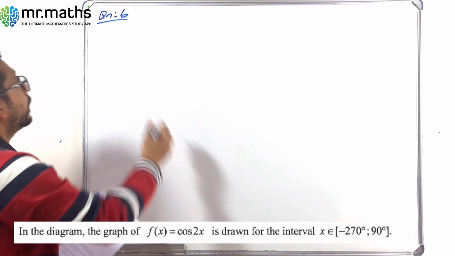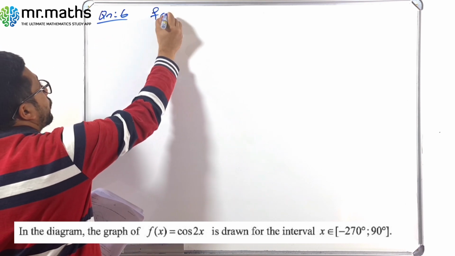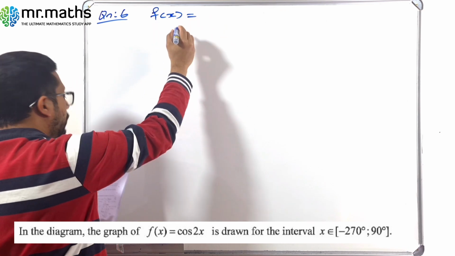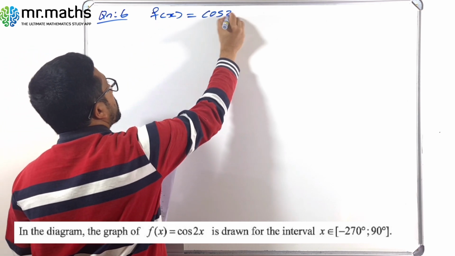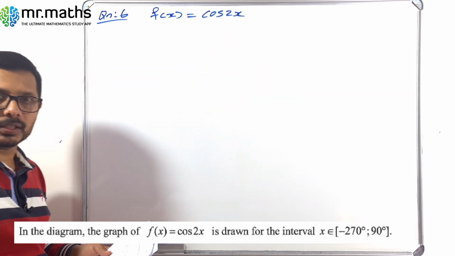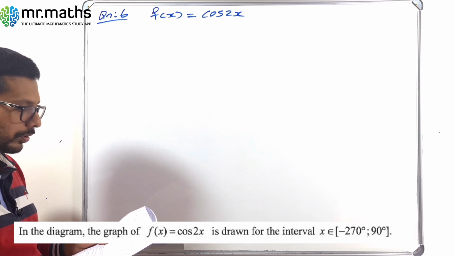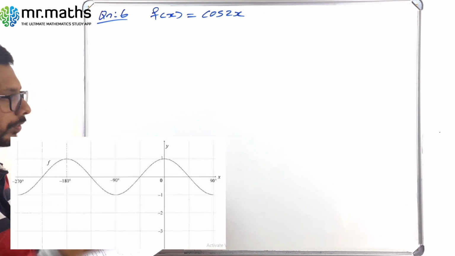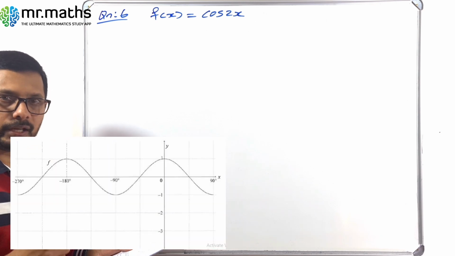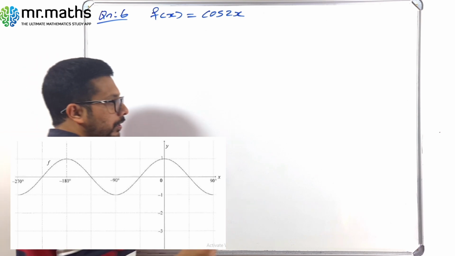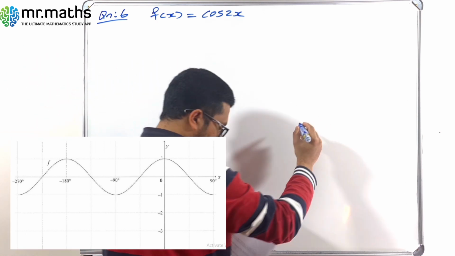So there is a graph drawn, f of x, that is cos 2x. Okay, so first let me draw that graph, the given graph. After that I will explain the remaining. So it is drawn.